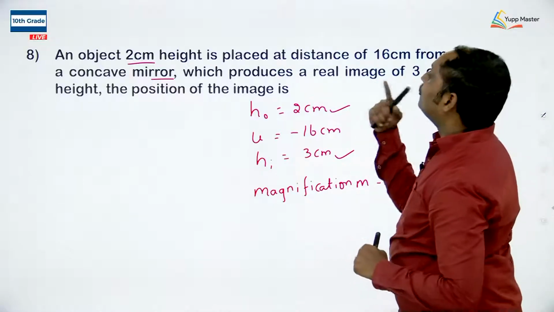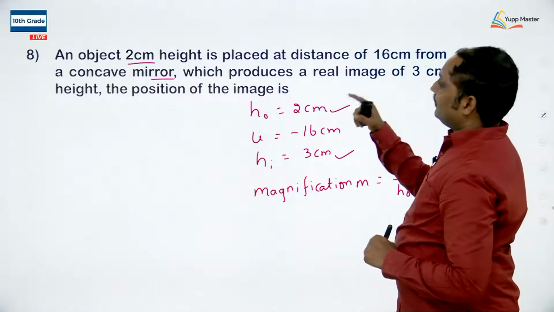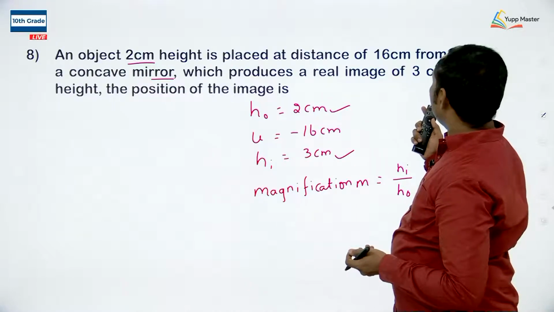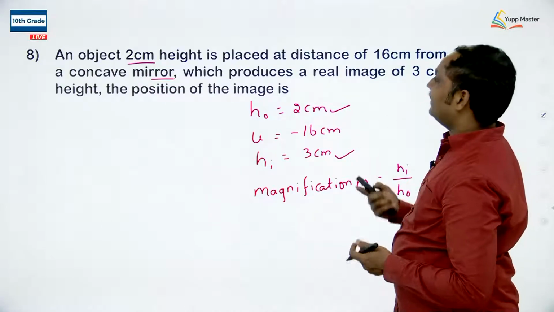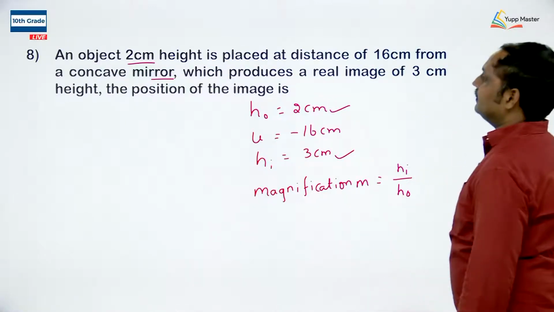An object 2 centimeter height is placed at a distance of 60 centimeter from a concave mirror, which produces a real image of 3 centimeter height. The position of the image you can find out.